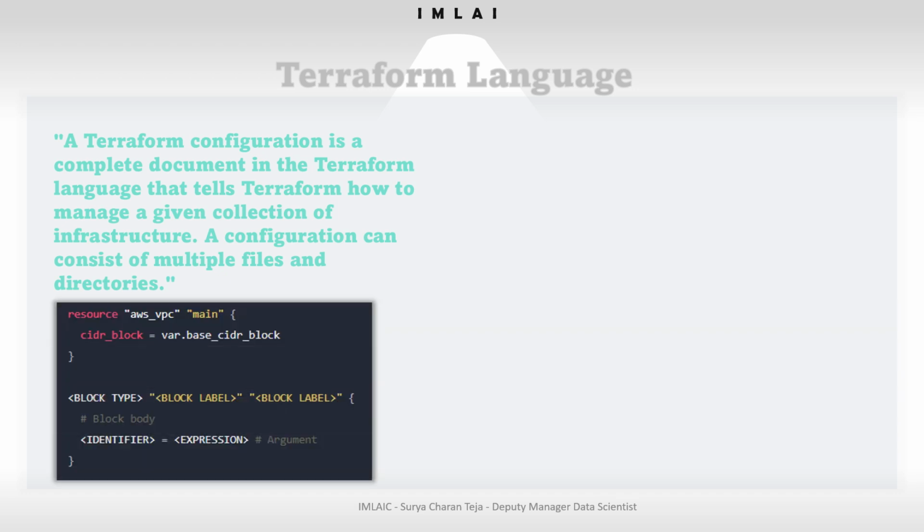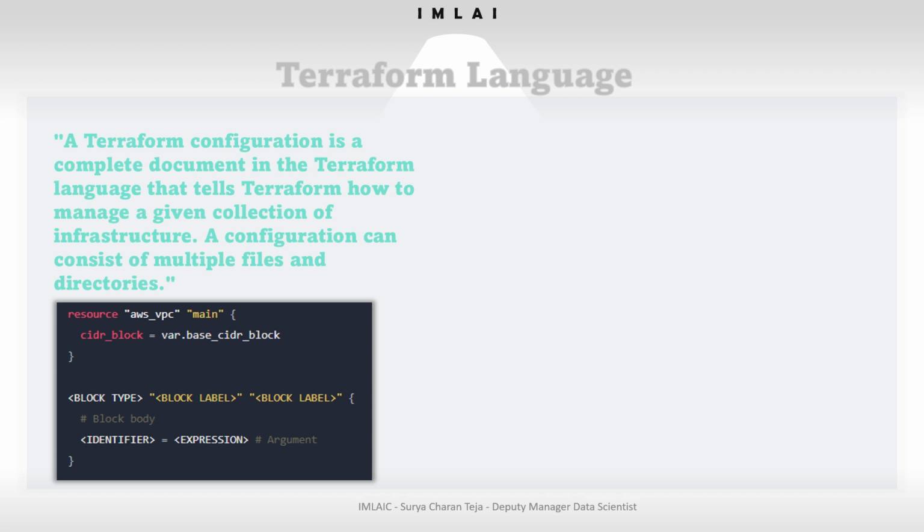And the syntax of the Terraform language consists of only a few basic elements, not too many, not too complex. You can see on the left side of the screen an image with the basic elements. It begins with a block type, and then arguments, and then expression.